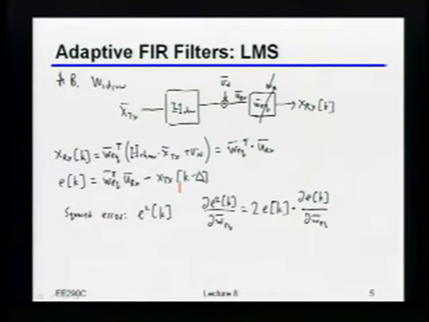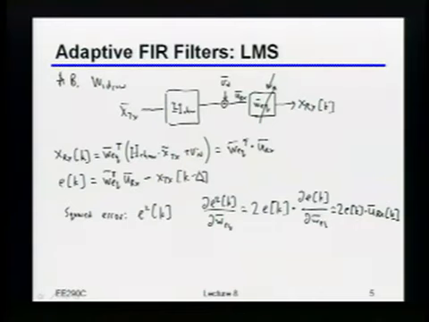So when I take the derivative, that just falls out, and all I'm left with is whatever my equalizer coefficients were in the first place. So in other words, my derivative is just going to be equal to 2 e of k times u_rx of k. And again, I'm using a vector here because this means it's the derivative with respect to each one of those individual coefficients.